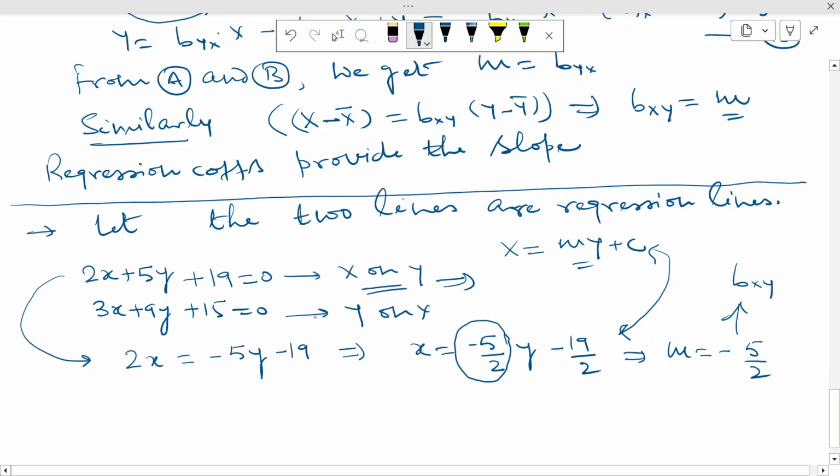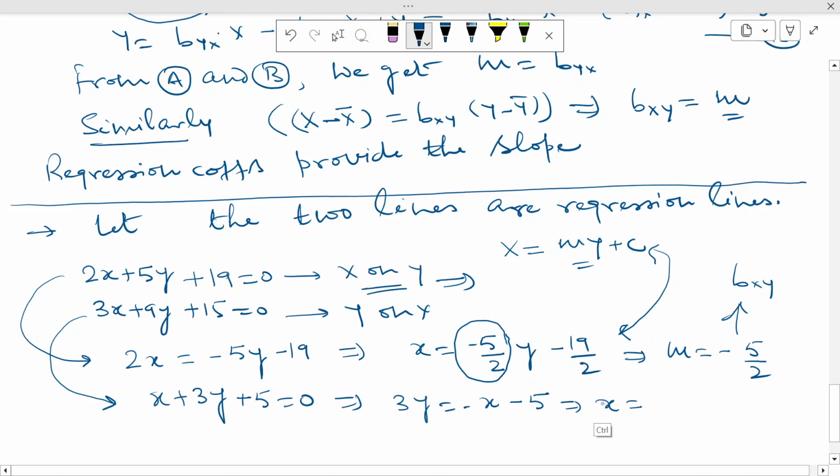Now from the second line we are having y on x. So first of all we will simplify this line, means you can take this 3 outside. So you will have x plus 3y plus 5 is equals to 0. Now because we are considering this line as y on x, this will be 3y and we are transferring x and 5 towards the right hand side.